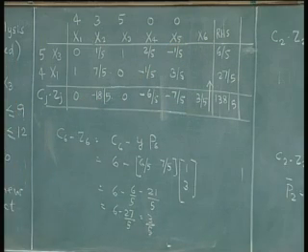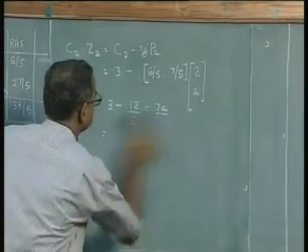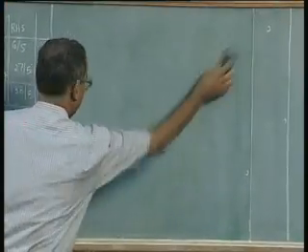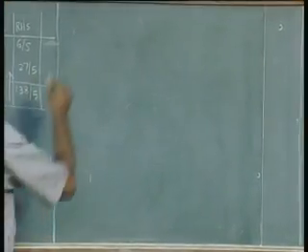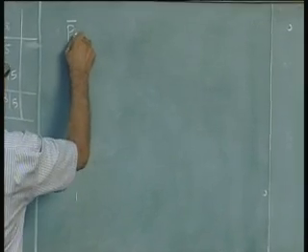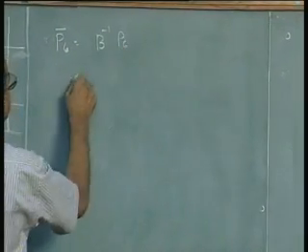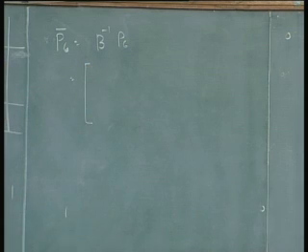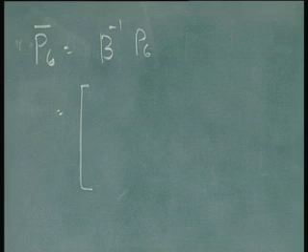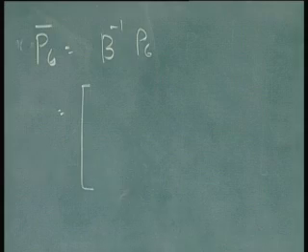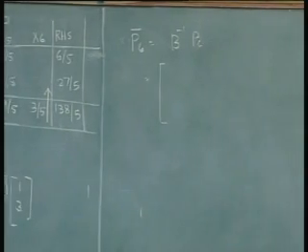So P bar 6 is given as B inverse P6. We have already seen that any P bar j is B inverse Pj, so P bar 6 is B inverse P6. B inverse is seen under the identity corresponding to the slack variables. In this case, variables x4 and x5 had the identity matrix.